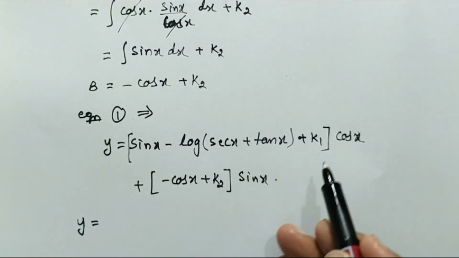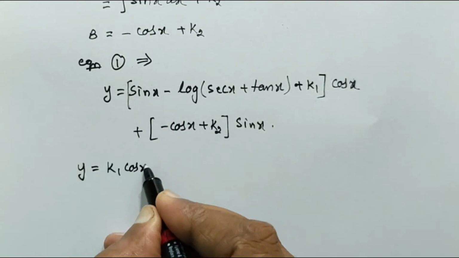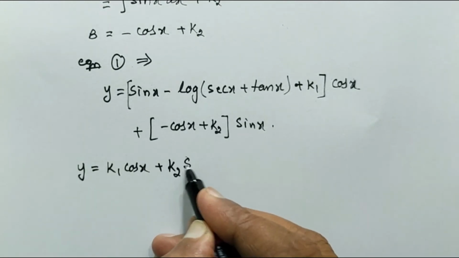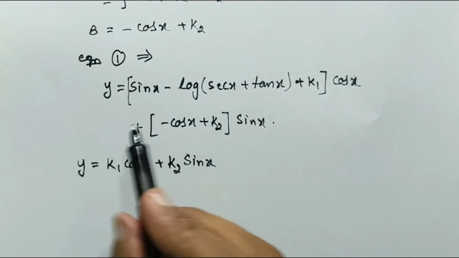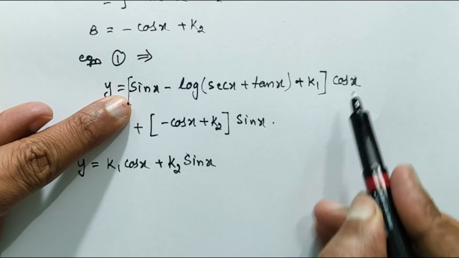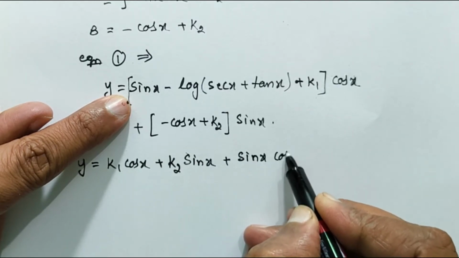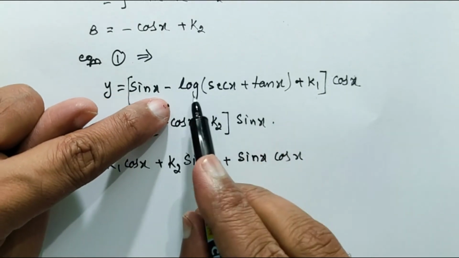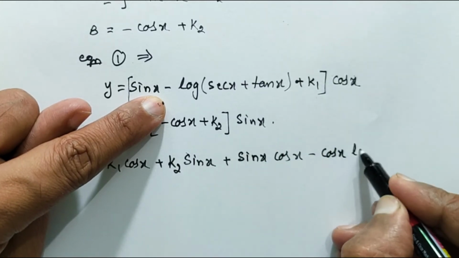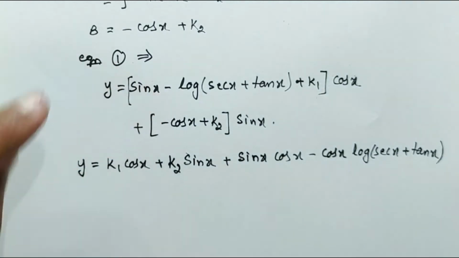Further, if you try to simplify, I will multiply this k1 with cos x. I will be getting k1 cos of x. Then you multiply this k2 with sine of x, plus k2 sine of x. Now you can write down the remaining terms that you have over here. This sine x is being multiplied by cos of x, so you will be getting plus sine x into cos of x. Again multiply this cos x with this log value. So with a negative sign, minus cos of x into log of secant of x plus tan of x.